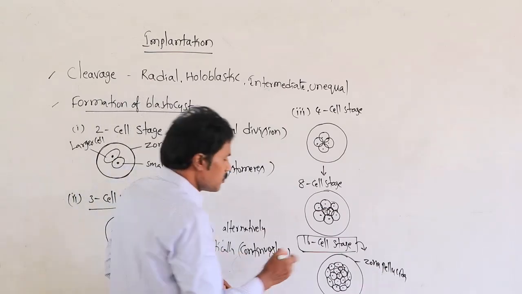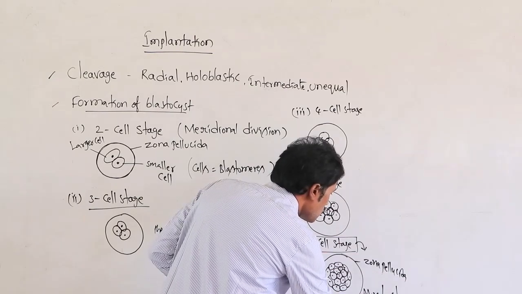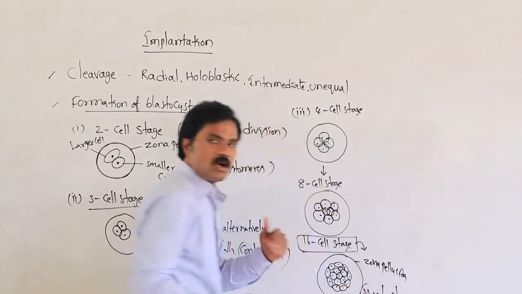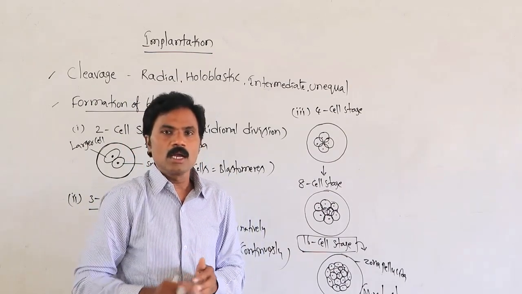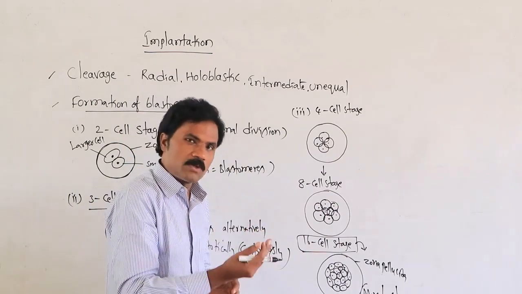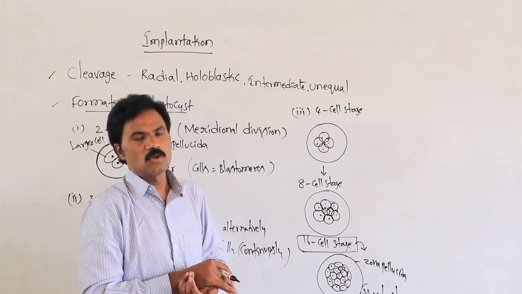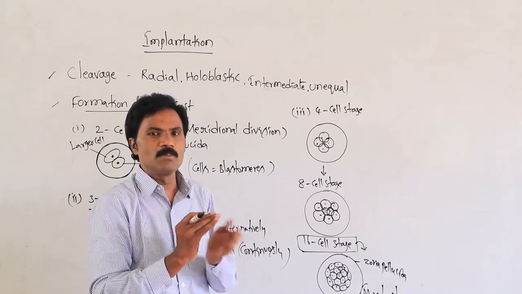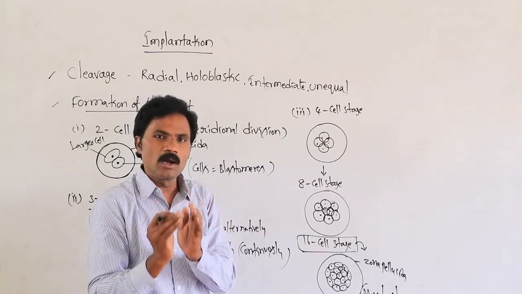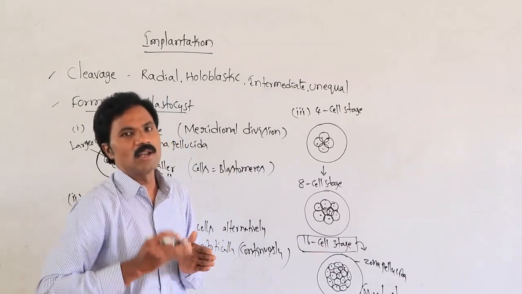That's why it is called the morula stage. According to the NCERT book, 8 to 16 is the morula stage, and 16 to 32 also looks the same. So both resemble a solid ball, a little mulberry-like structure. That's why it is called the morula stage.